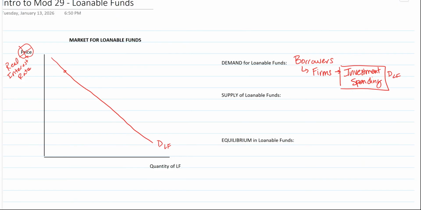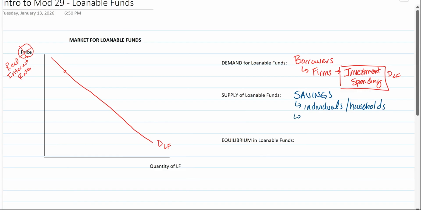The supply of loanable funds is primarily made up of savings. And in this case, when we think about savings, we're going to think about it coming from a few different places. The most common place we're going to think about savings coming from is individuals or households who operate as savers by putting their money into assets, into bank accounts or bonds or loans or stocks, and make their money that they're not using available.